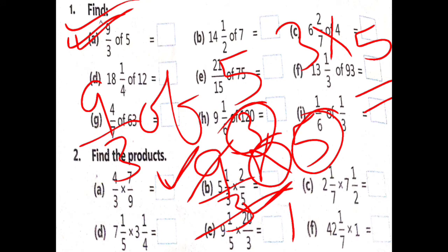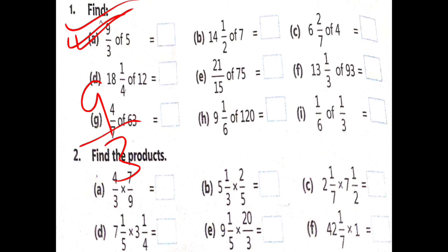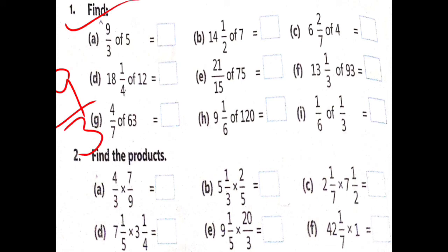Again I am explaining. You just write the given term as it is and change this "of" to multiply. If any number is divisible, then you can divide that and convert it into the lowest term and apply the operation.